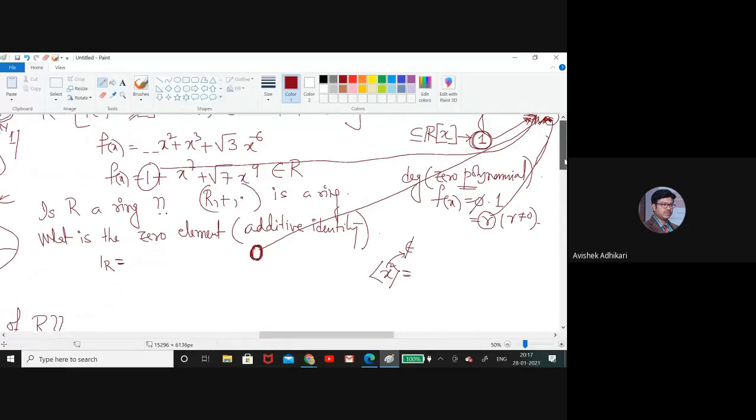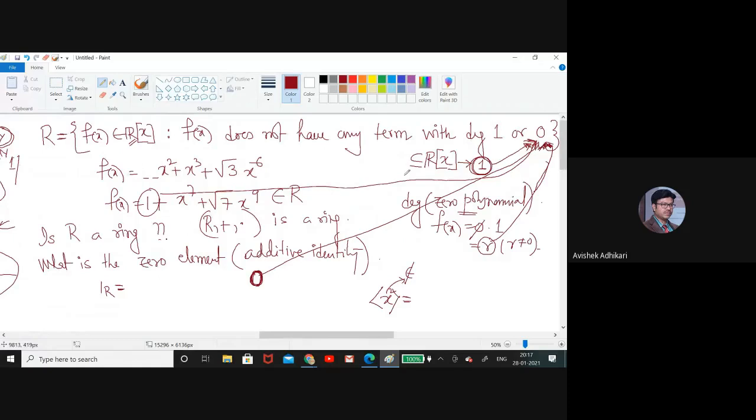See, because R should contain the zero element and then all the elements starting from degree 2 and onwards. So X is not an element, but the ideal generated by X square is contained in this. Some of you might not have heard about the ideal generated by an element, so I will discuss it.